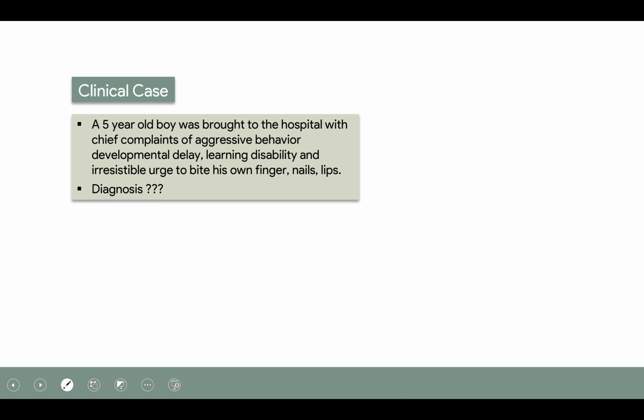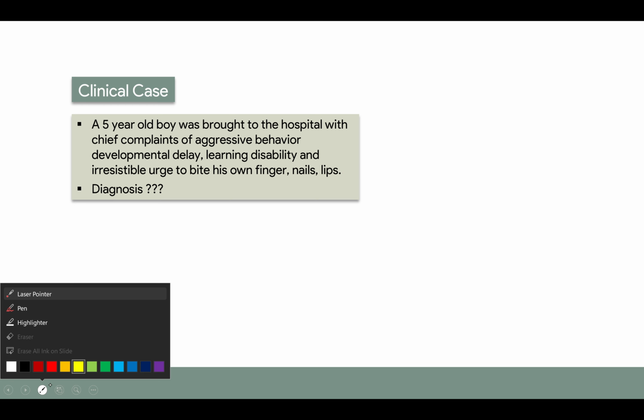Now look at this clinical case. A 5-year-old boy was brought to the hospital with chief complaints of aggressive behavior, developmental delay, learning disability, and an irresistible urge to bite his own finger, that is self-mutilation. Now, what is going to be the diagnosis?